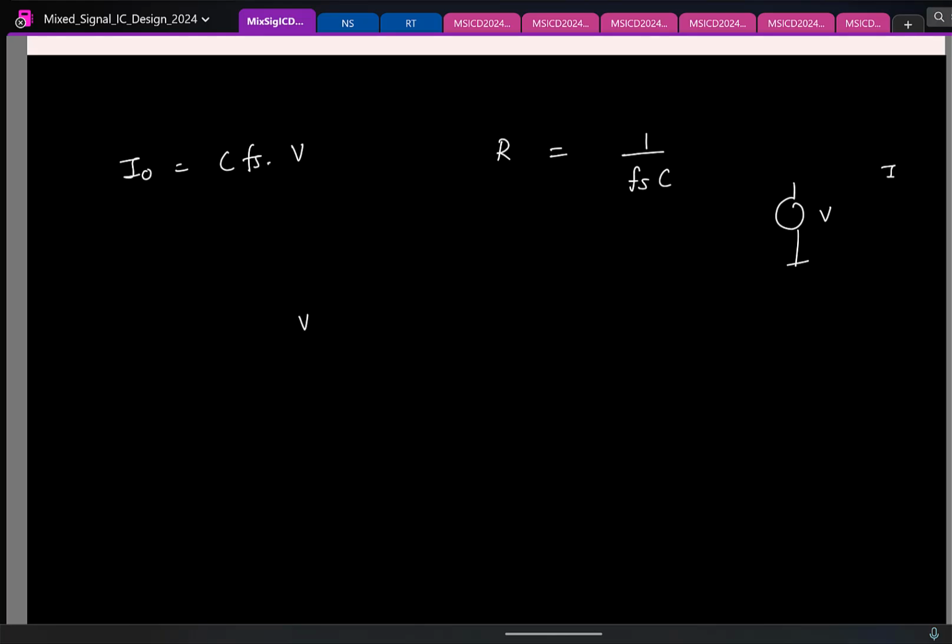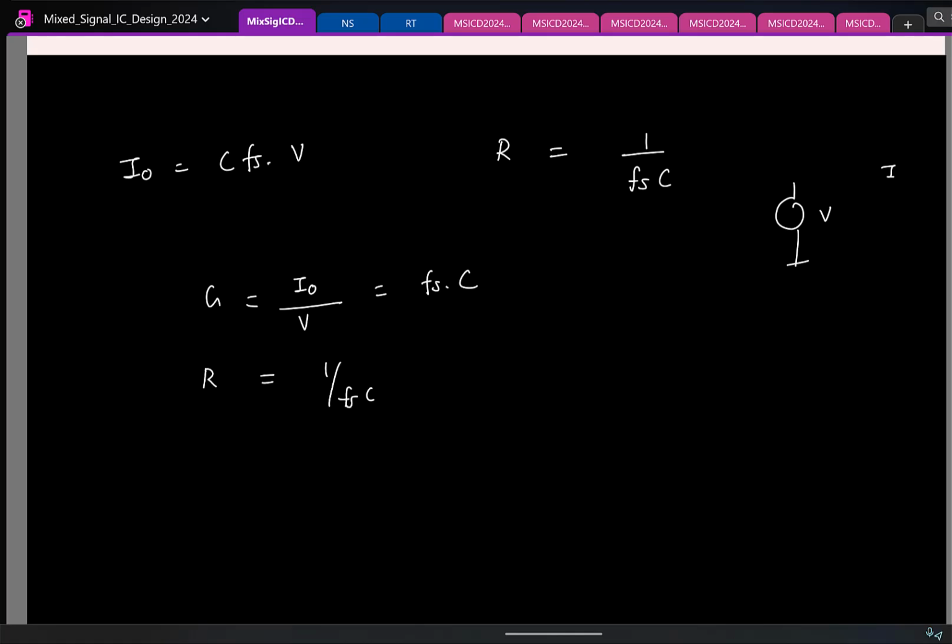So the denominator is the input, which is the voltage. Numerator is the current that I am measuring. What will this give me? Conductance or admittance, let's say conductance. So this is Fs times C. Let's say it's conductance G. But this doesn't mean that the equivalent R is 1 by Fs C.